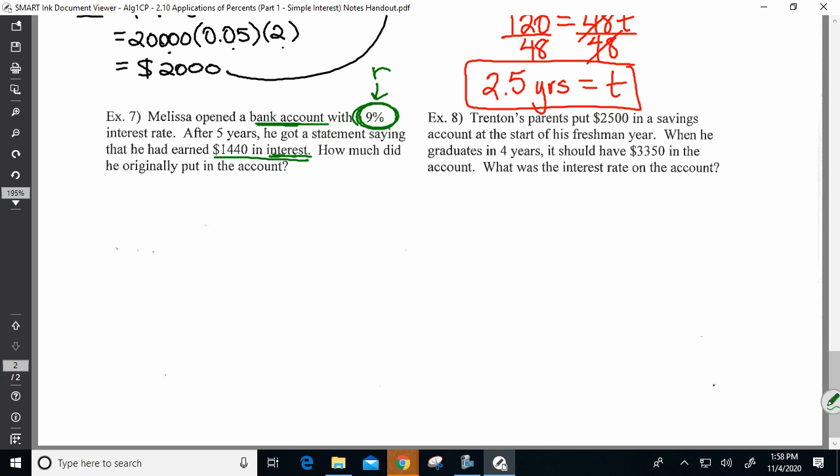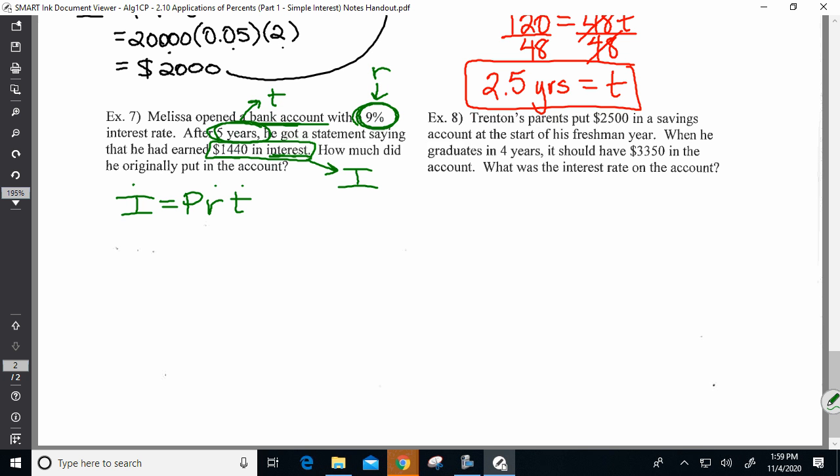So 1440 is your interest. 5 years is your time. So if we look at our formula, we have interest, we have interest rate, we have the time, we don't know P. We don't know how much we started with.